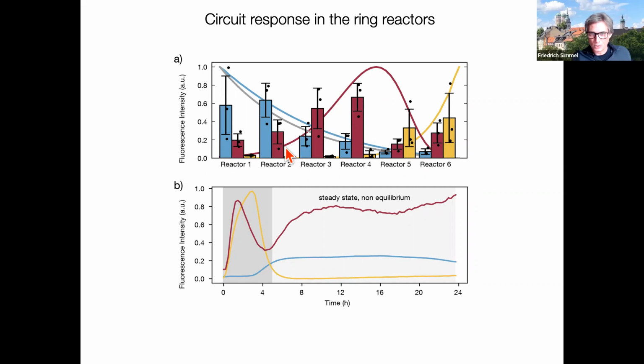This shows that this type of stripe formation would work in principle if we had these out of equilibrium conditions over extended periods of time.